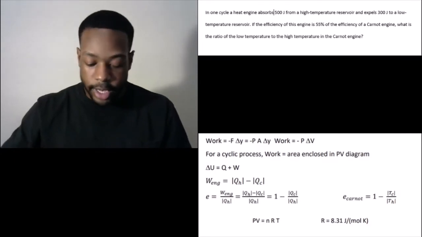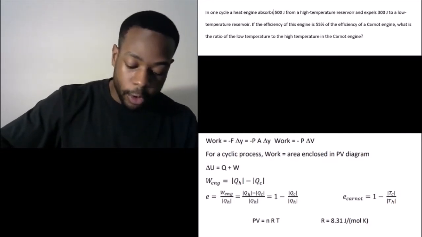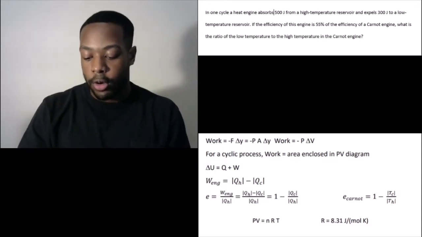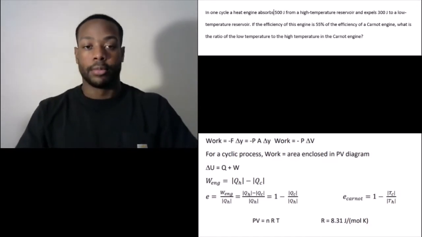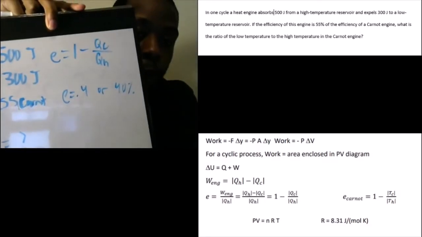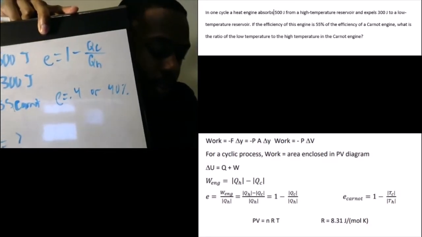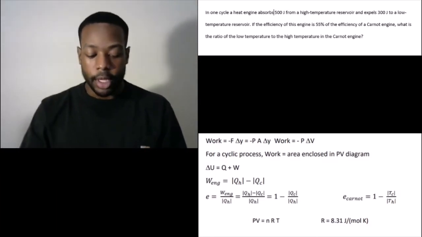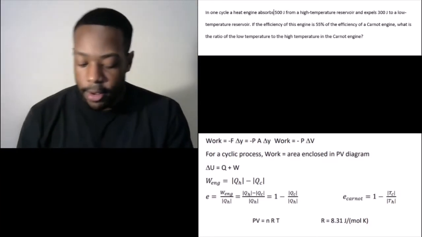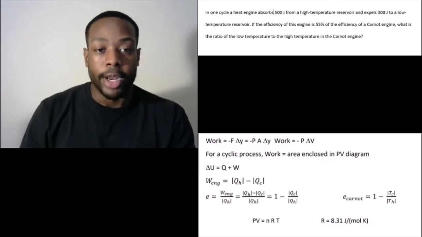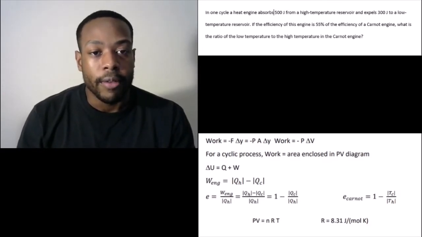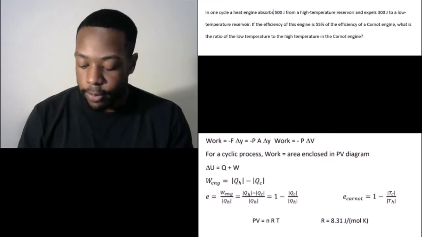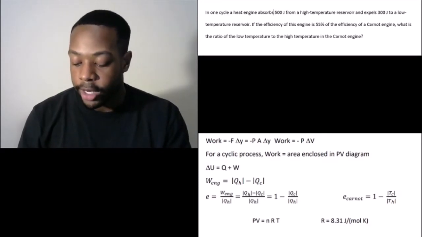You should get 0.4. 0.4 is our efficiency, or 40%. So we know our efficiency is 0.4, and we know that that is 0.55 of what the Carnot engine's efficiency could be. So 0.4 equals 0.55 times the efficiency of the Carnot engine.